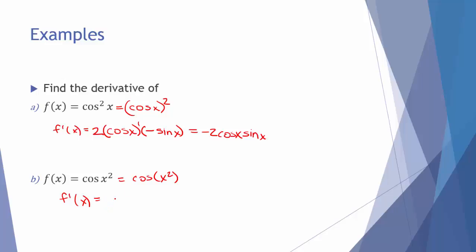The derivative of cosine is the negative sine. Don't touch the inside function, times the derivative of the inside function, and the derivative of x squared is 2x. So in other words, this is negative 2x sine of x squared. So notice the derivatives are distinctly different depending on which is an inside function and which is the outside function.